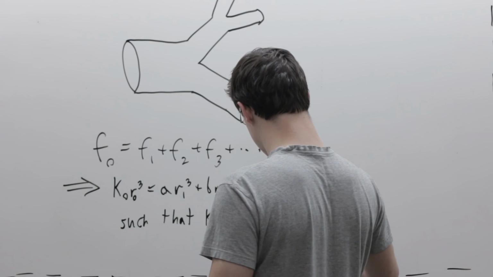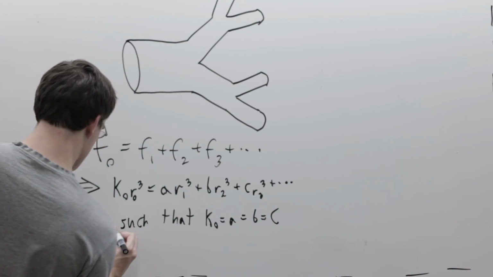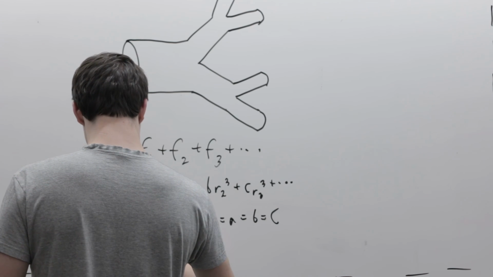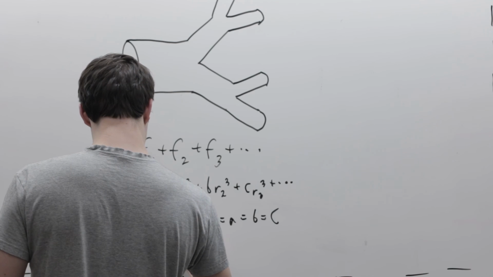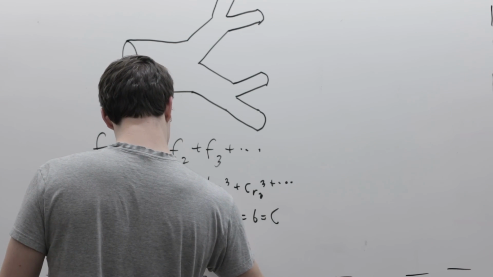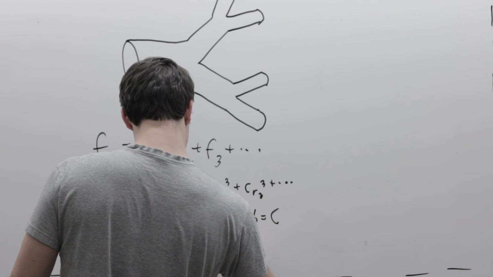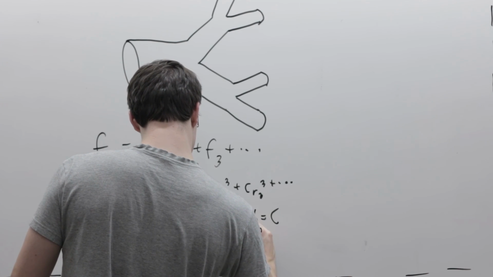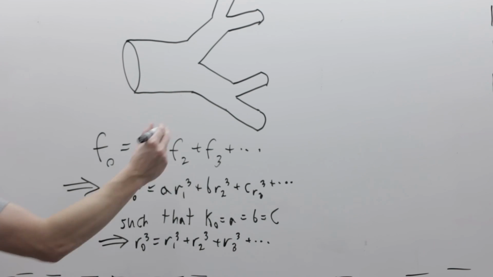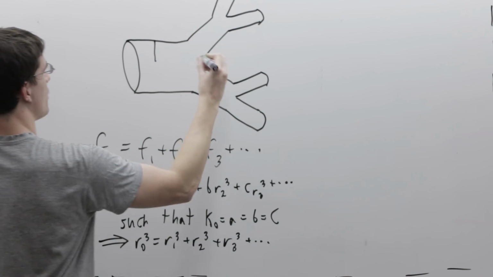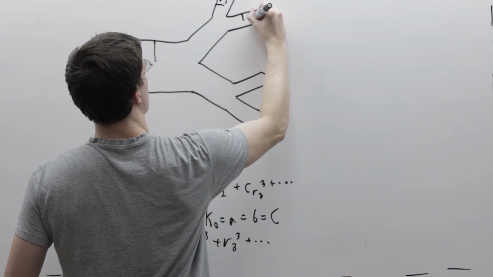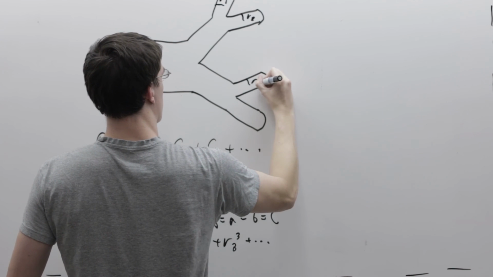Now, all of these are unchanging whether you're in a larger tube or a smaller tube, so the branching doesn't affect these. Therefore, we can say that the constant K is equal to the constant A, equal to B, equal to C, and so forth. All of these constants are equal. Therefore, the relationship between flow rates in a larger branch and smaller branches coming off of that larger branch goes as R0 cubed equals R1 cubed plus R2 cubed, and so on and so forth.